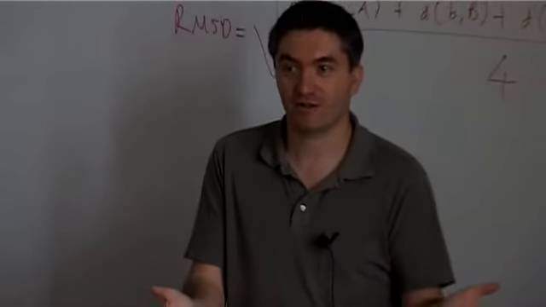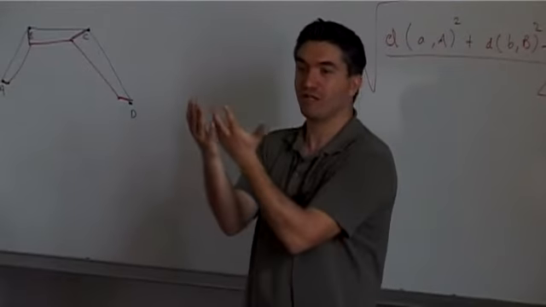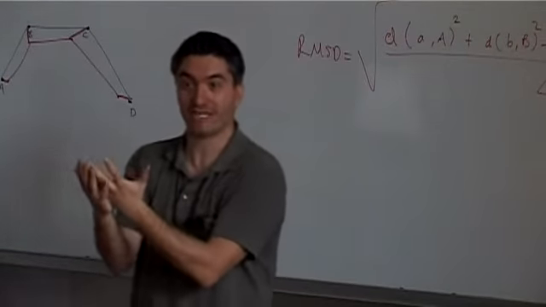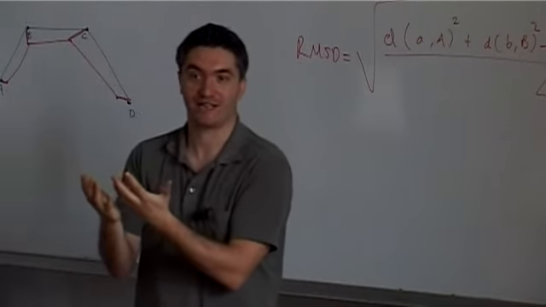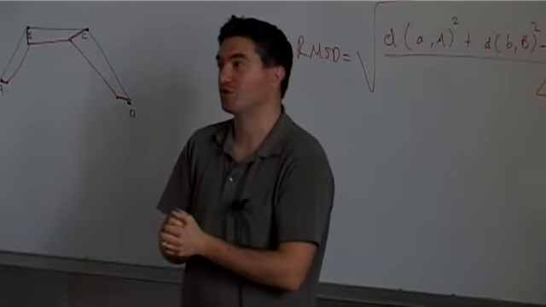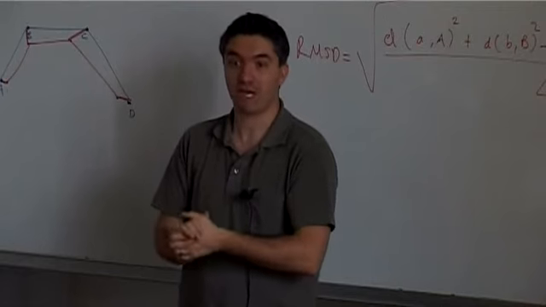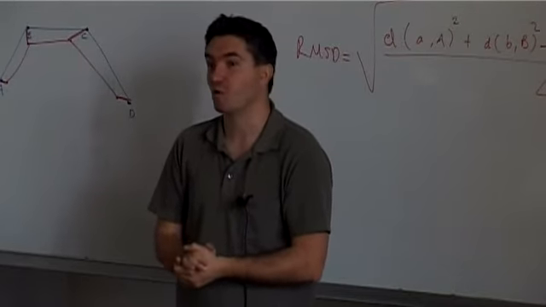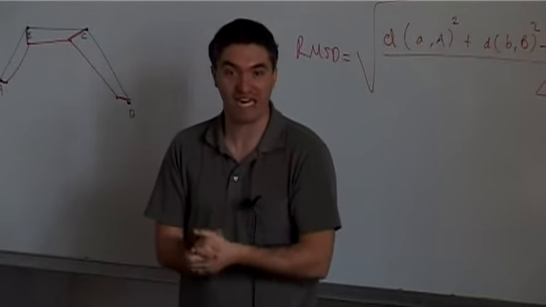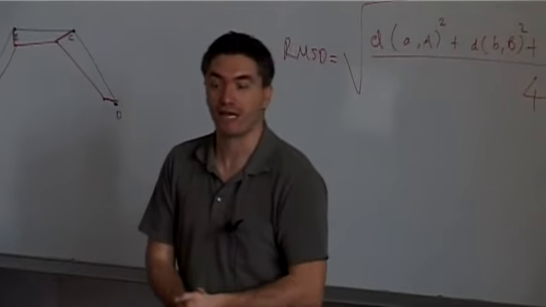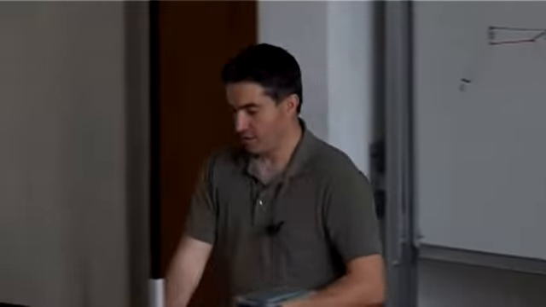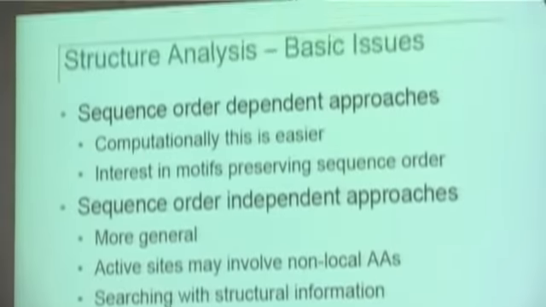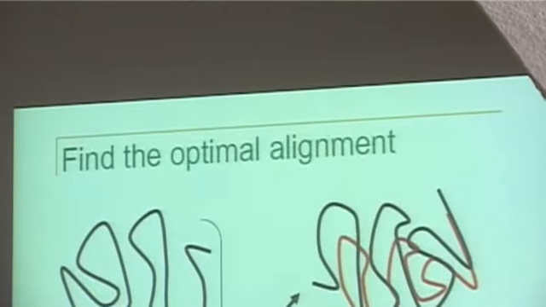Now in that case, you need to find the similarity in 3D. You need to find which amino acids should be matched with each other by making use of their three-dimensional coordinate information. That is when we really need structural alignment. I mentioned some of these things: structure alignment can be sequence order dependent or independent.